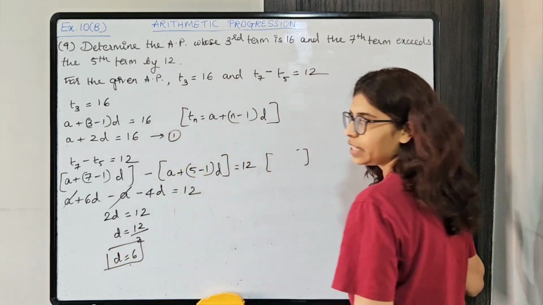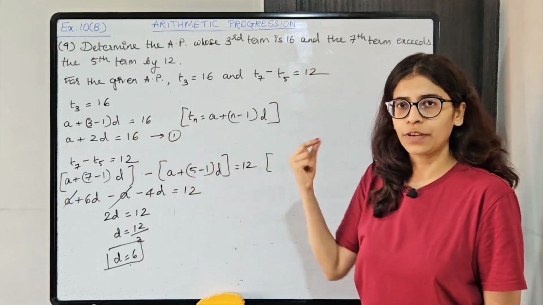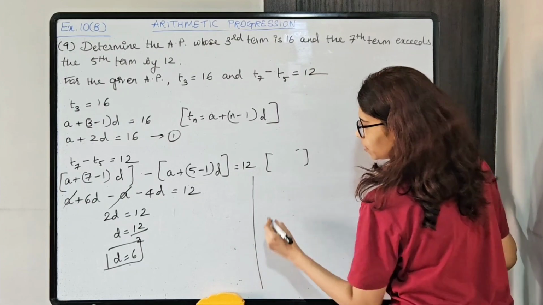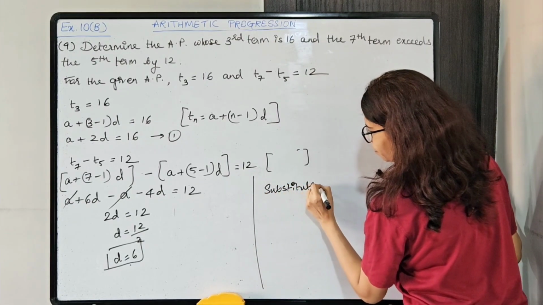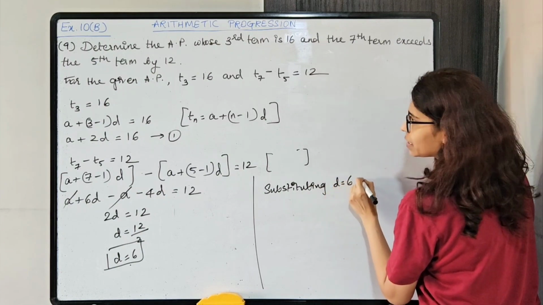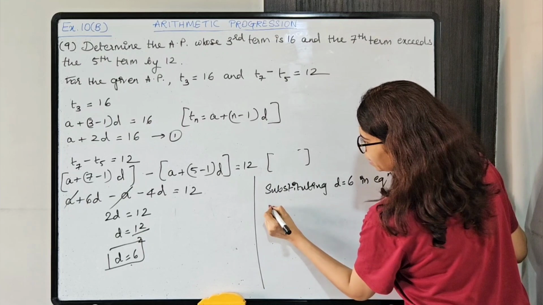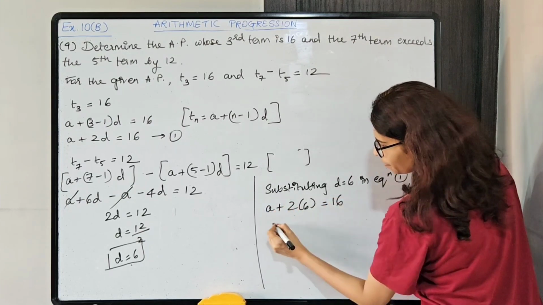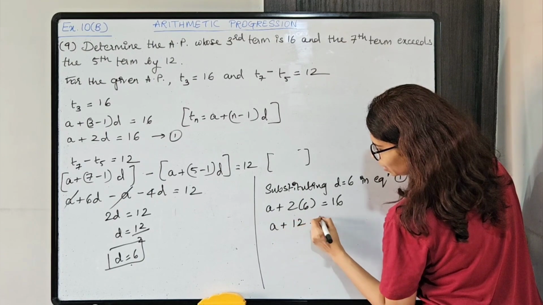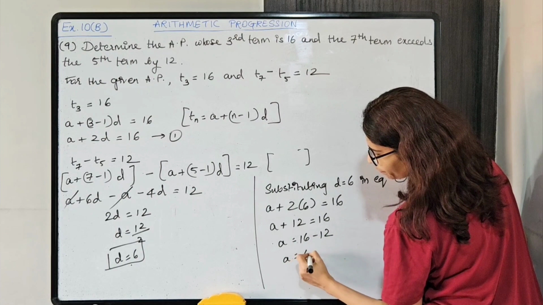Box the value of D. We'll put the value of D in equation 1 and find out the value of A. Substituting D equals 6 in equation 1, we'll get A plus 2 into 6 is equal to 16. So A plus 12 is equal to 16, that is A is 16 minus 12, which gives 4.